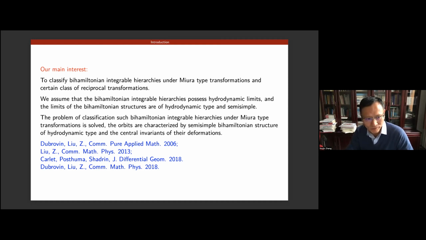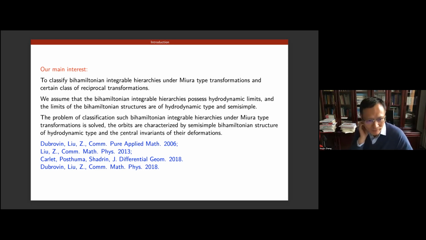The bihamiltonian integrable hierarchies can be described by their leading terms, that means a bihamiltonian hierarchy of hydrodynamic type, together with certain invariants under the Miura type transformations, which we call the central invariants of the deformations.